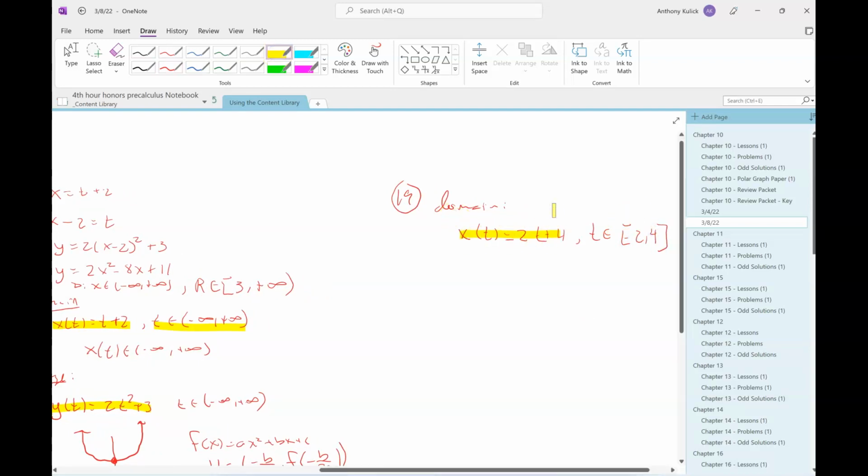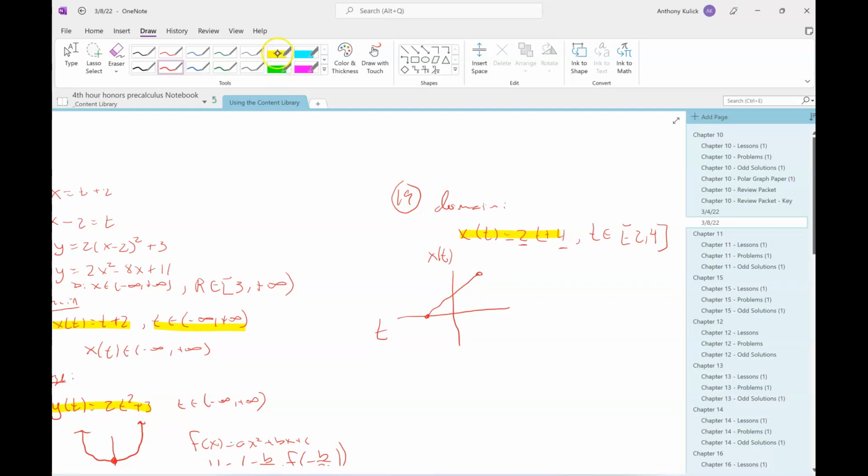So what I have here is what kind of function? Linear function. So if I were to graph this, here's my t-axis and my x of t-axis. This line has a positive slope and a y-intercept of 4. So to calculate the range of this, all I really need are the endpoints of my graph.